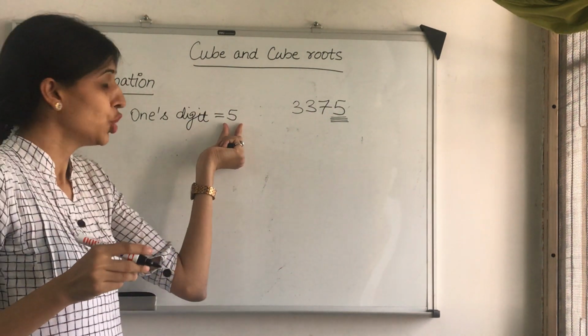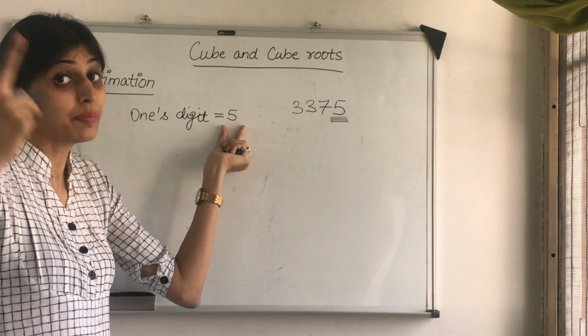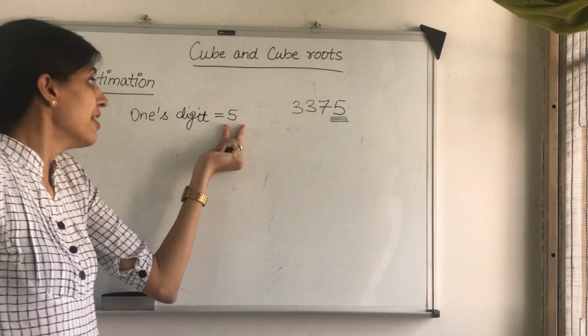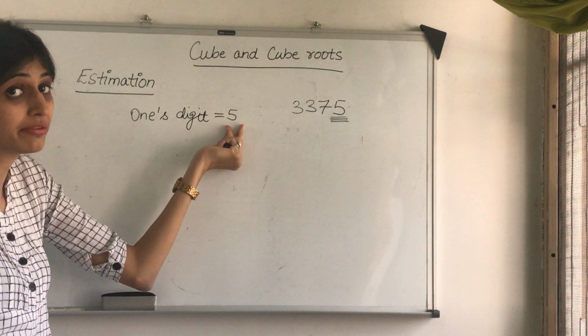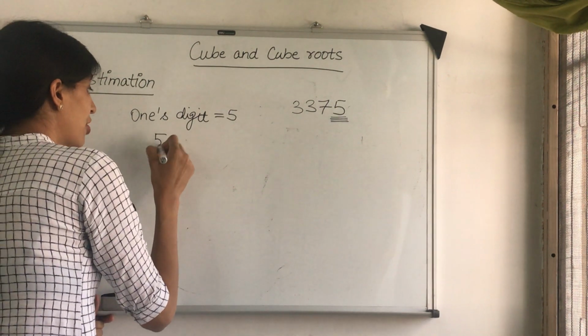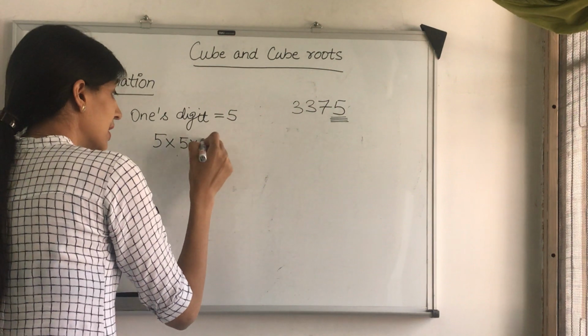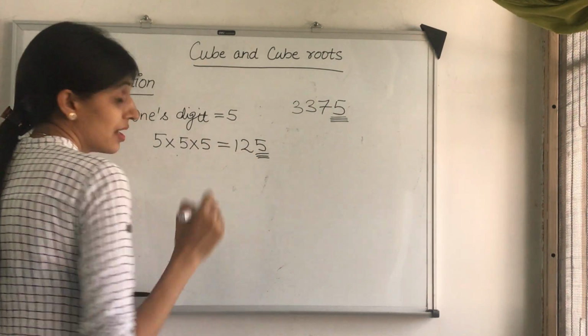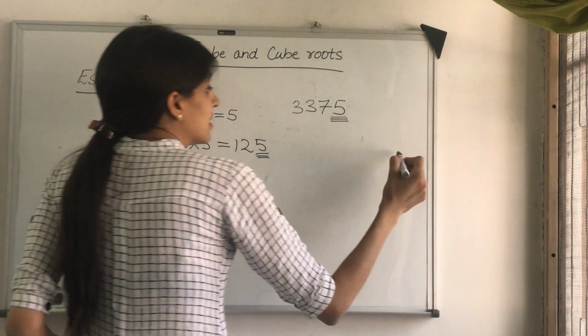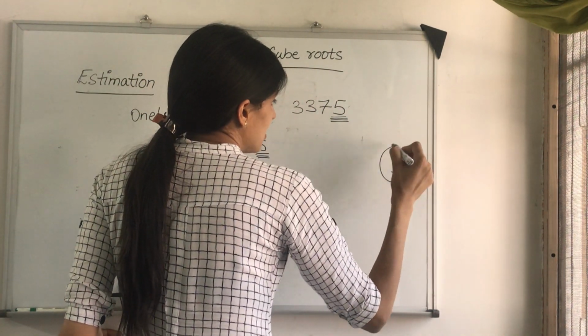If I do the cube of this number, what will be the ones digit of the cube? 5 5s are 25. 25 5s are 125. So the cube of 5 is 125. So what will be the ones digit? 5. Keep this ones digit over here separate.